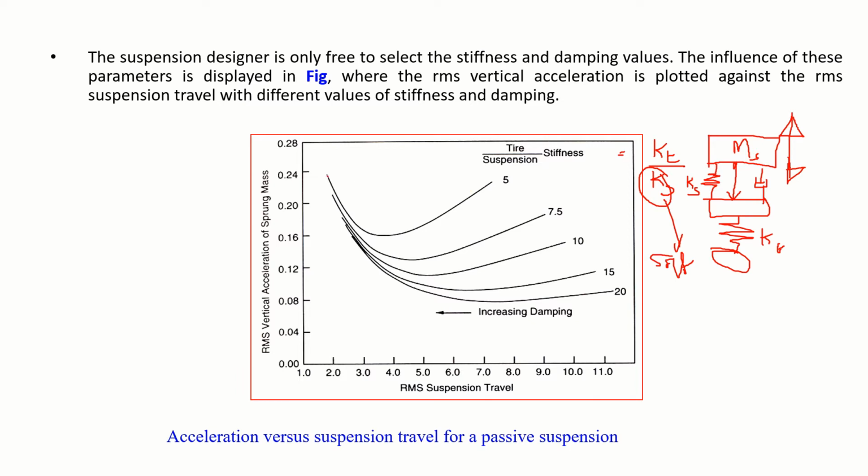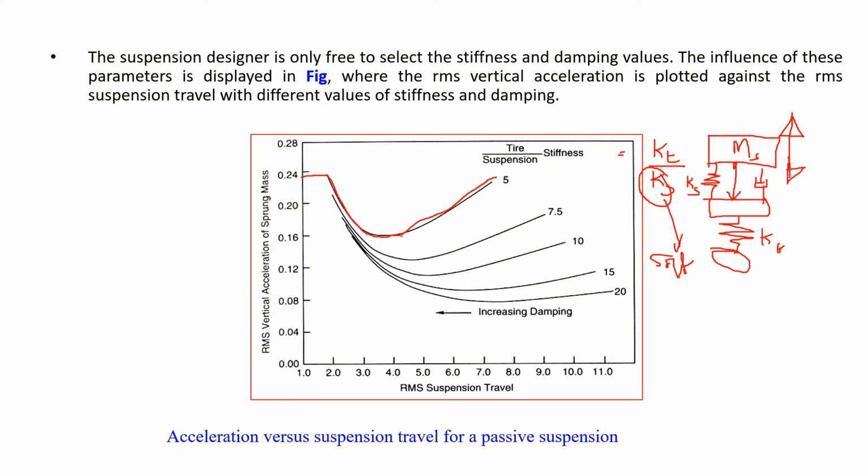You can see here when the RMS suspension travel is low, the vertical accelerations are high. As you go on increasing this, the accelerations come down, which is better. But again, suspension travel is larger, then again acceleration increases. This is how you can find the characteristic.